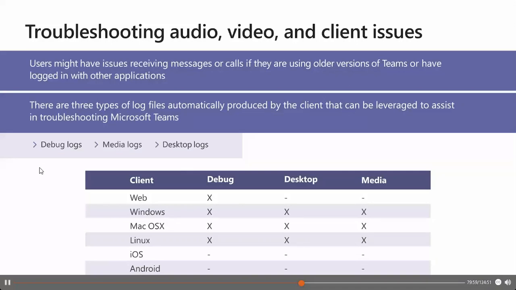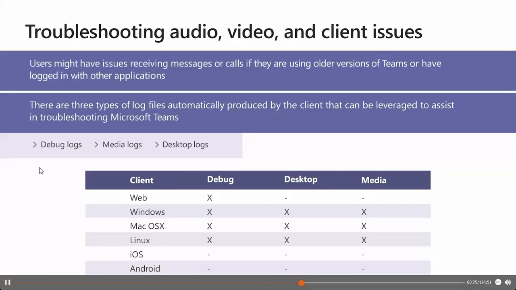Just imagine your Teams meetings are not available during an important board meeting where remote users are required to participate. The ability to investigate these issues and find a proper solution is a key task for you as a Teams administrator. For example, users might have issues receiving messages or calls if they are using older versions of Teams or have logged in with other applications.